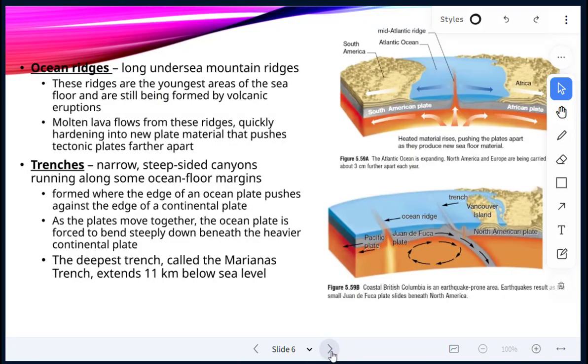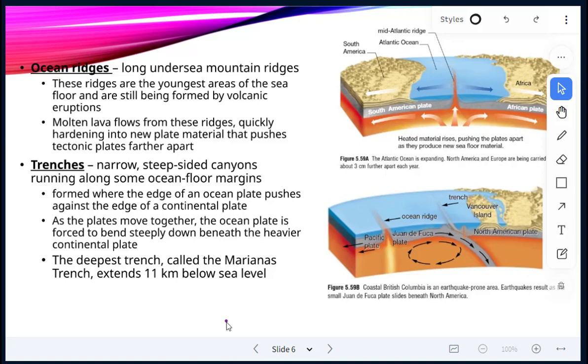Looking at ocean ridges, these are the long undersea mountain ridges. They're the youngest areas of the seafloor, and they are still being formed by volcanic eruptions. Molten lava will flow from those ridges and harden into new plate material that pushes tectonic plates further apart. Trenches are the narrow, steep-sided canyons that run along some ocean floor margins.